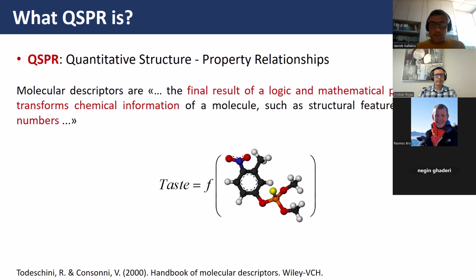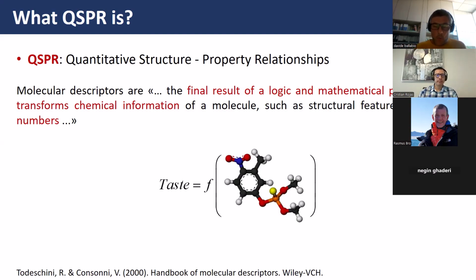So we need a set of training compounds. We have to know the information on the chemical structure, and of course, these models are supervised, so we need to know also the label. For each chemical, we have to know the experimental label, like sweet and non-sweet, bitter, or whatever.